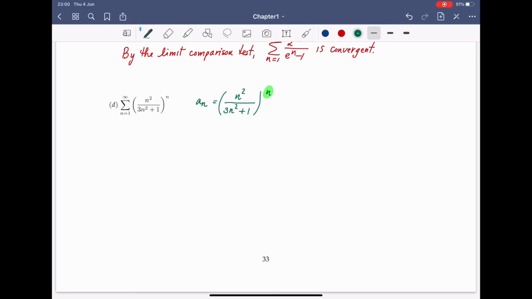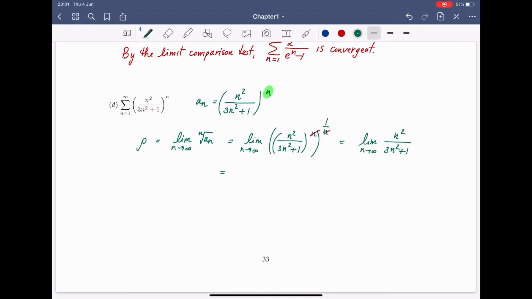To use the root test, you compute rho, which is the limit of the n-th root of a_n. This is the limit of the n-th root of n square over 3 n square plus 1 to the n. The n cancels, so you have the limit of n square over 3 n square plus 1 at the end.